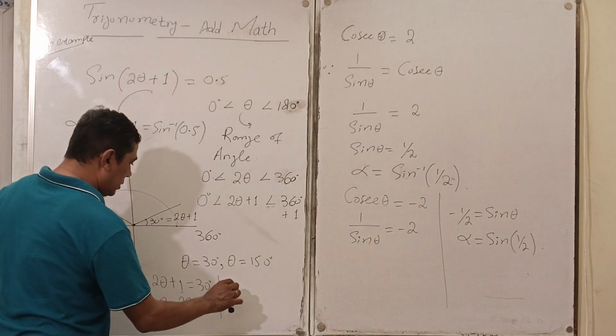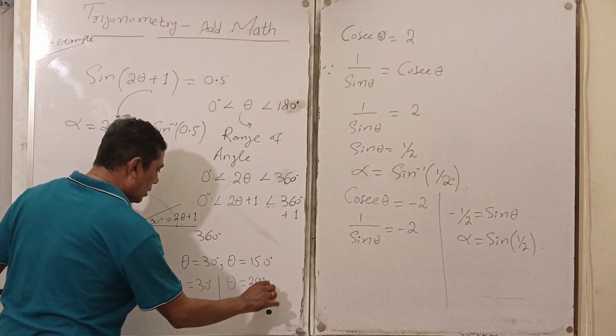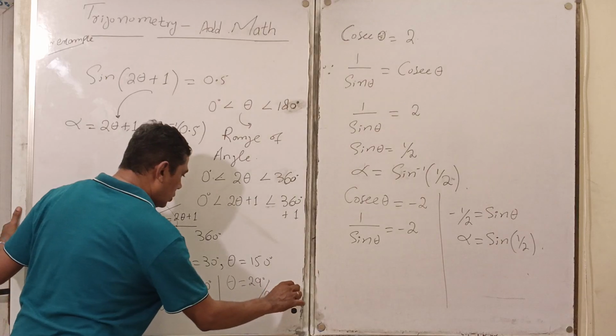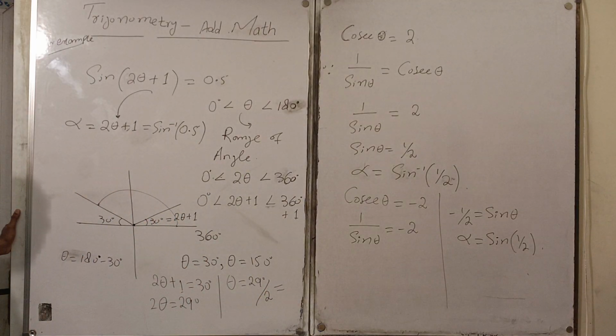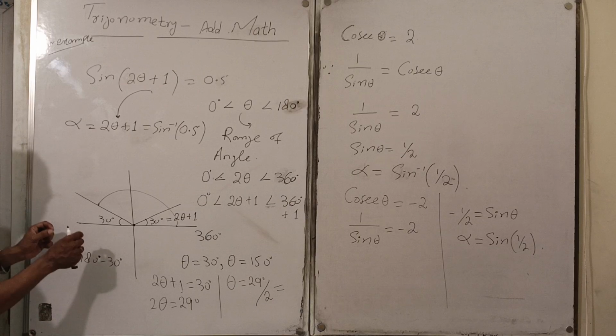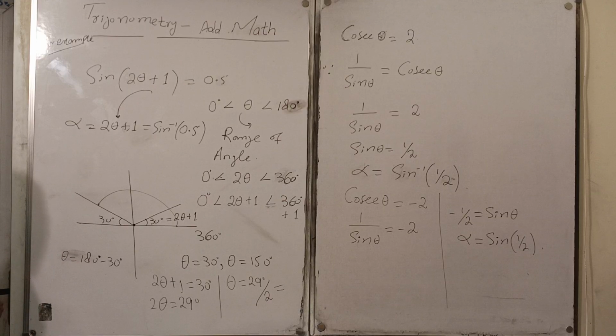So again theta equal to 29 degree over 2. So you will get 14.5. Okay. So you will mention both things. And 2 theta plus 1 equals 150 degree. Clear? Yes. Okay.